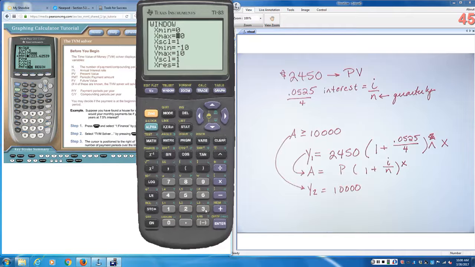And I'm going to let it go for about 30 years. And if I need to, I can change that. And then I know that the top of my window needs to be at least $10,000 for me to see that other line. So I'm going to put in something bigger than $10,000, like maybe $15,000. Or you could put in even just 11,000 or 12,000. And then I'm going to hit graph.